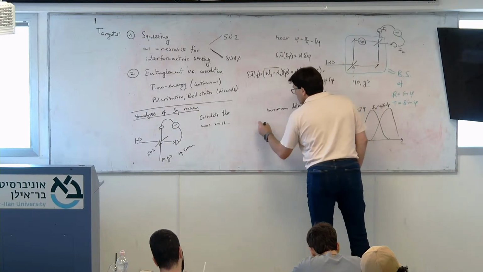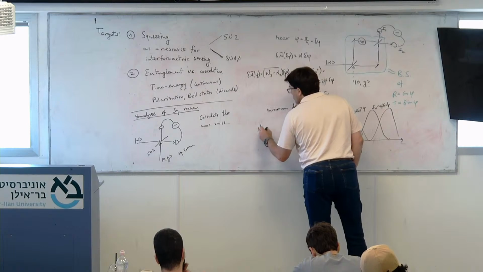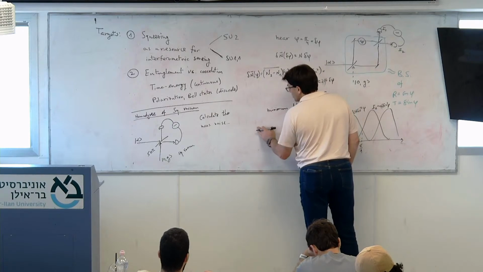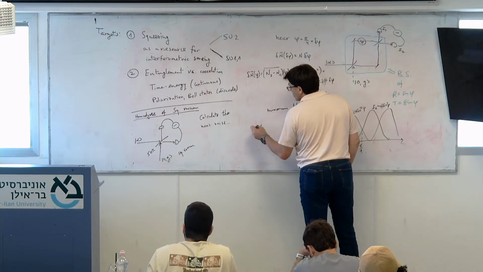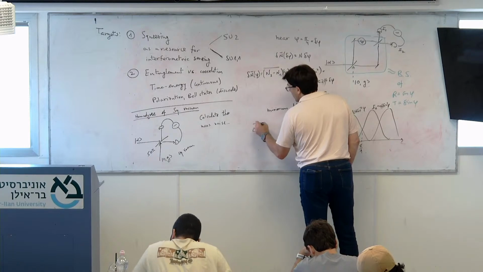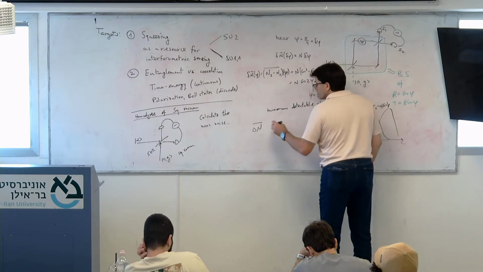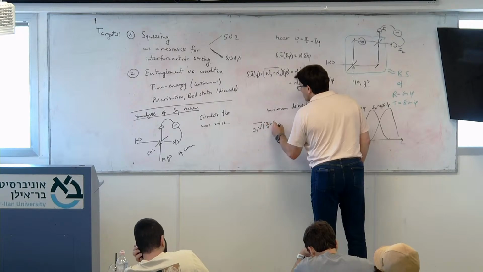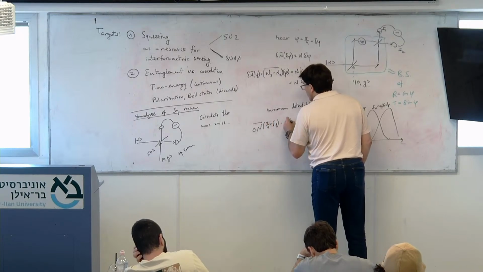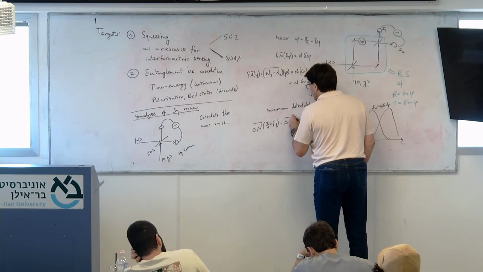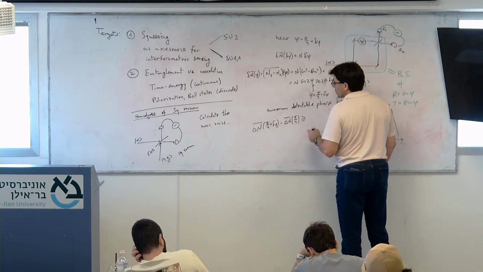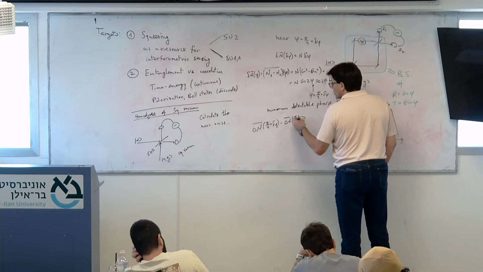So this delta n average of phi, in our case pi over 4 plus delta phi, minus n average of pi over 4, should be larger than the uncertainty of n.